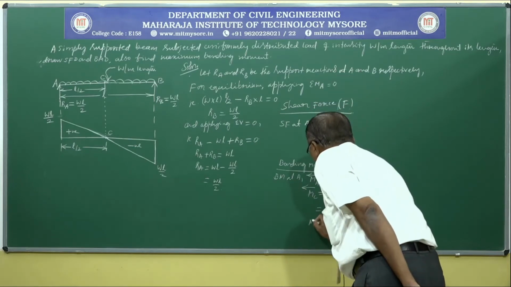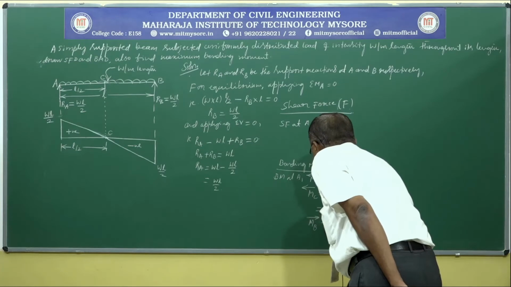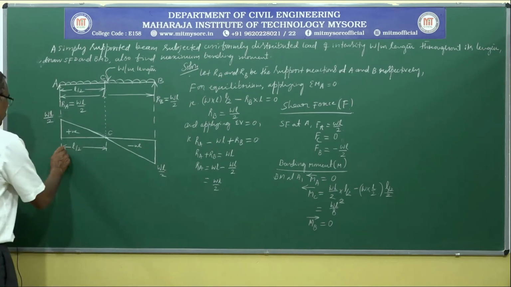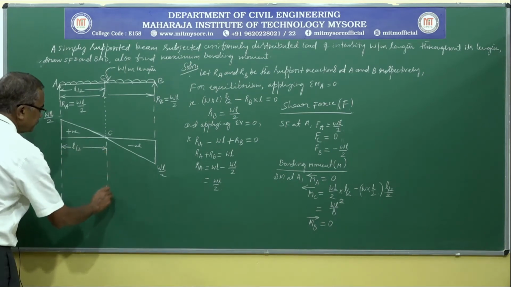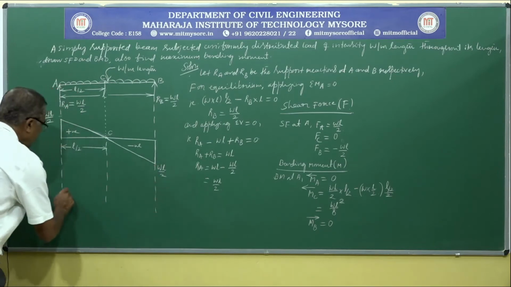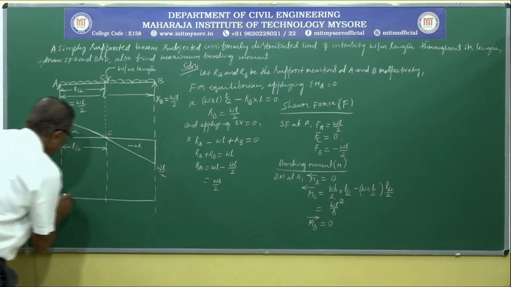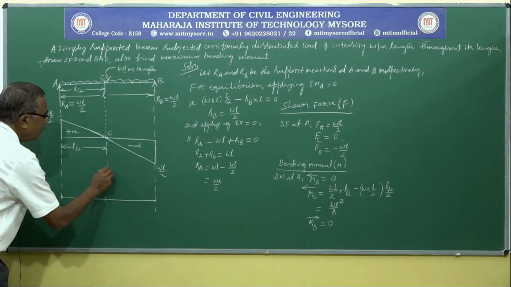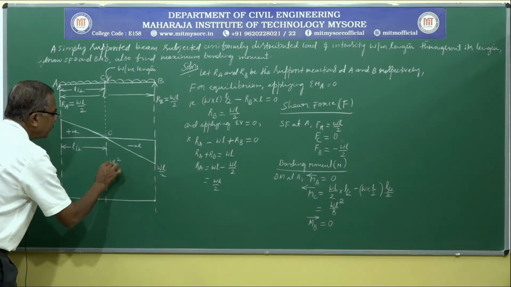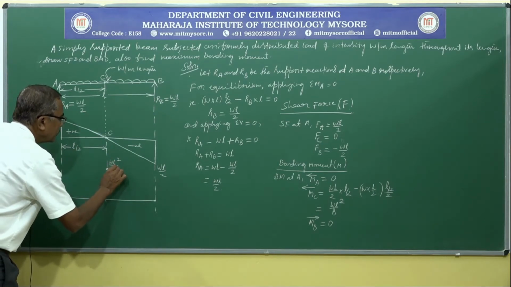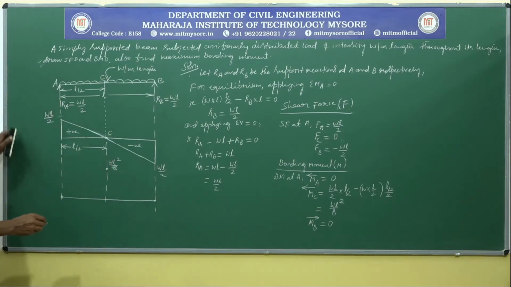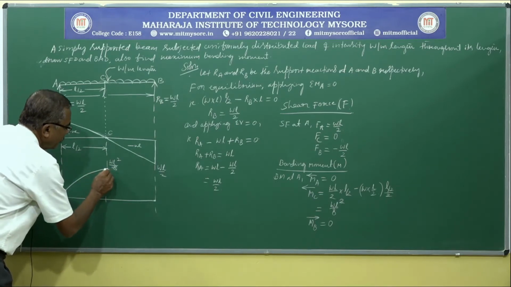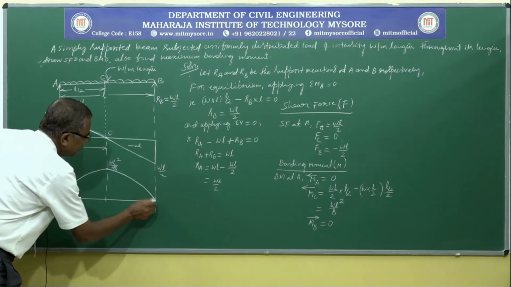Next, bending moment at point B is equal to 0. Let us draw the bending moment diagram. Bending moment at point A 0, bending moment at point B 0, and bending moment at point C is WL square by 8. So beam is subjected to uniformly distributed load, hence the bending moment diagram is a parabola throughout.